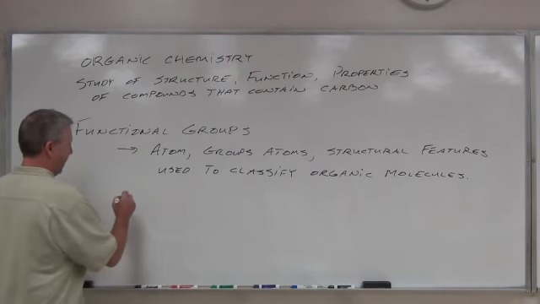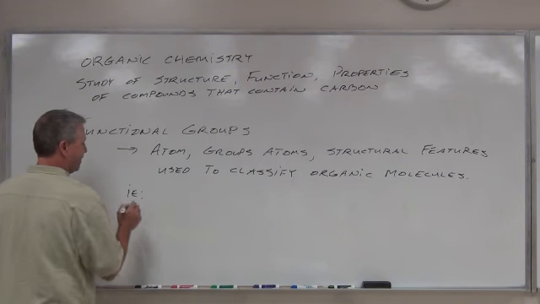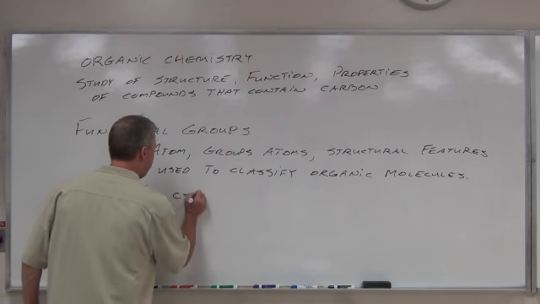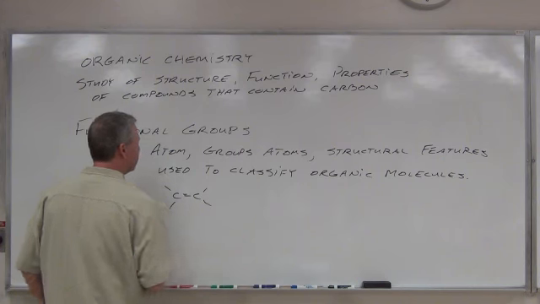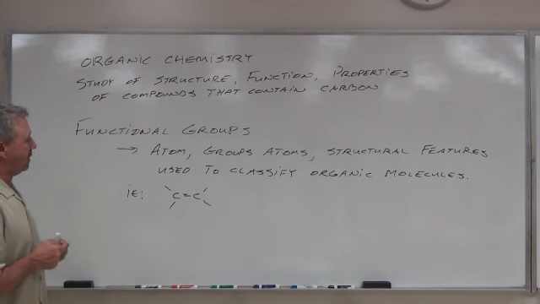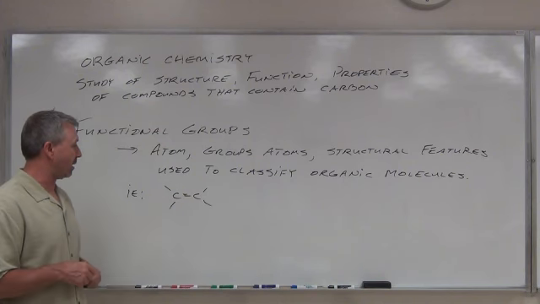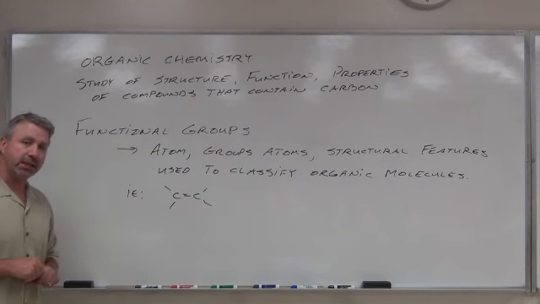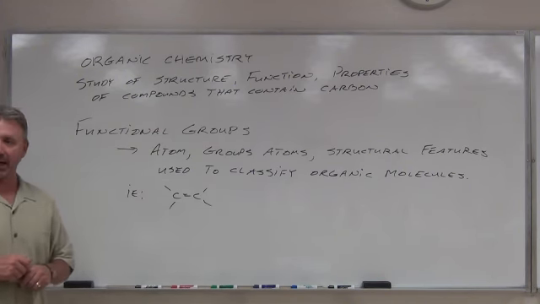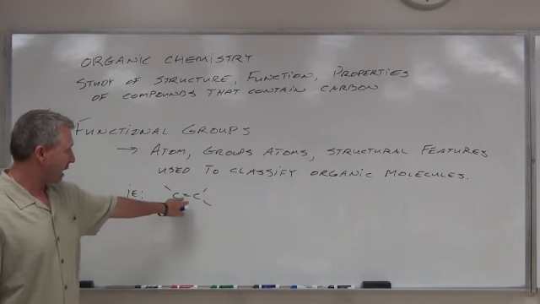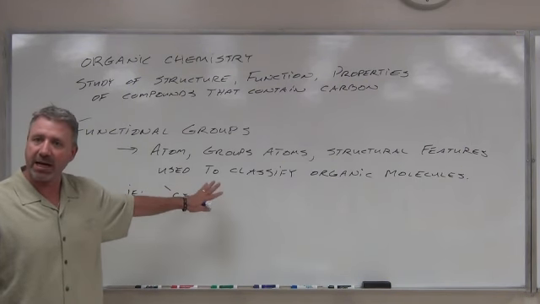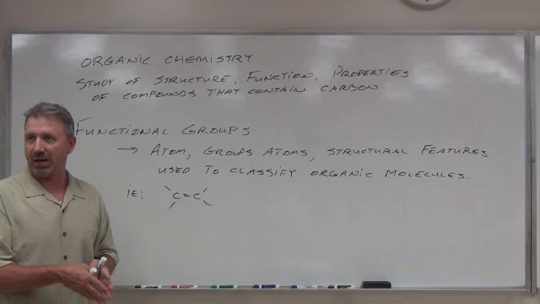For example, and we'll see these today, any molecule that contains a carbon-carbon double bond belongs to the alkene class of organic compounds. And in most cases, that double bond will dominate the reactivity of that particular molecule.